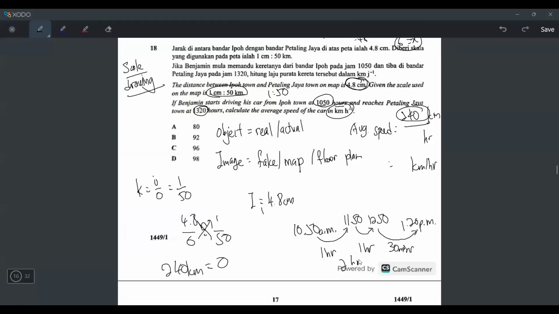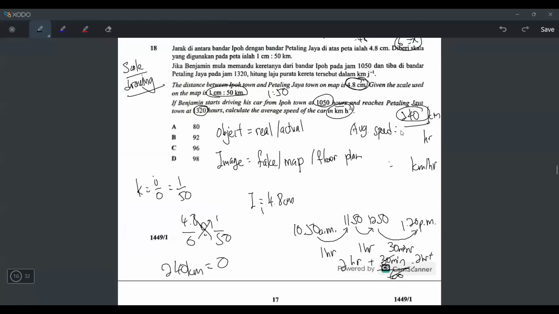So it's actually 2 hours plus 30 minutes. But I need to convert this whole thing to hours. And how to do that? I have to take 30 minutes divide 60. So that this whole thing becomes hour. So it's actually 2 hours plus 0.5 hour. Because if you press 30 divide 60, I get 0.5. So it means 30 minutes in hour is actually 0.5 hours.